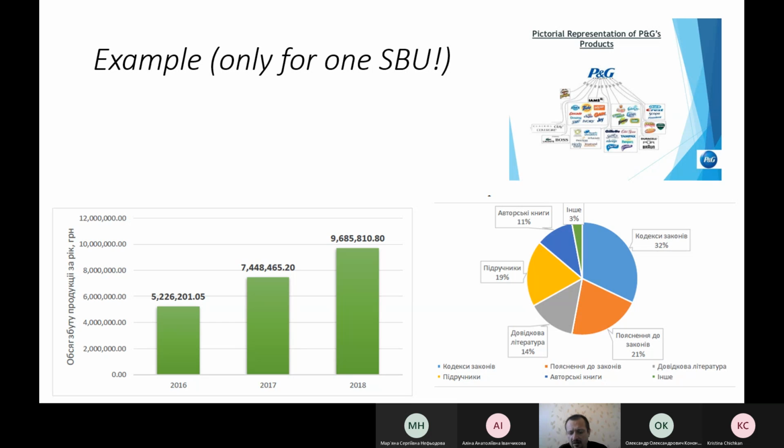Here, I copied this from my student's bachelor thesis. She analyzed a big company, and one strategic business unit of this company was connected with publishing activities, and then she analyzed only this strategic business unit.